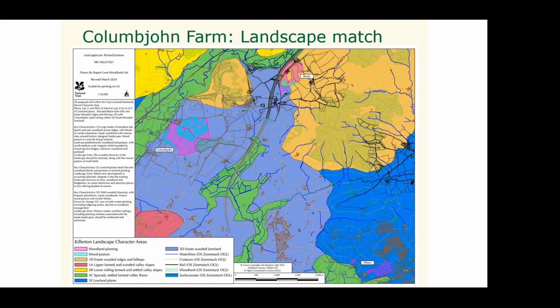And that means that we're trying to match that in our design, making sure that it complements the existing character of the estate. This map has too much detail in there for you to look at, but it just shows you the different aspects of the estate and what the characters are, so that we try and match any woodland creation to those designs. So that's the starting point, really. How do we match our work to the existing landscape?